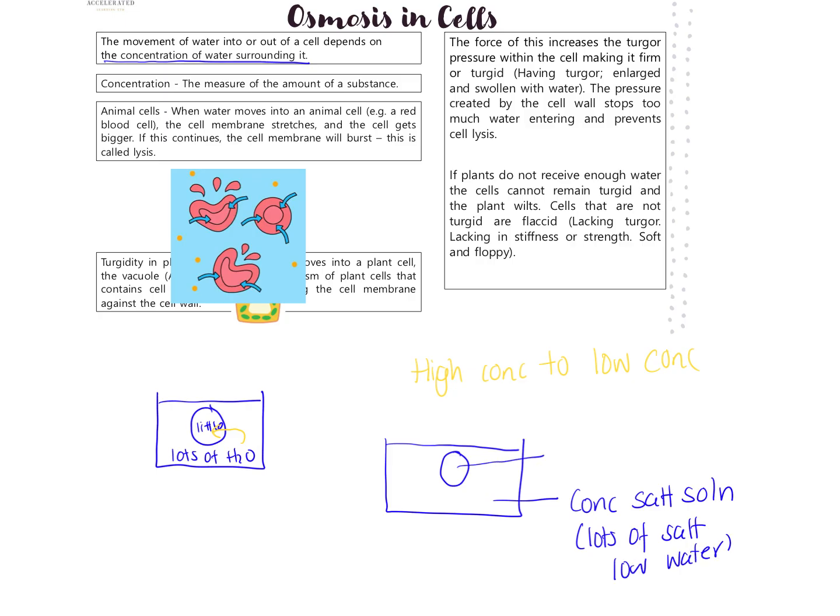And then in here, in my cell, I have a dilute solution. What that means is I have lots of water and little salt, okay? Now, which direction will it go this time, Jack? The opposite. Absolutely. Perfect. Brilliant. And once you get your head around thinking, right, well, where's all my water? It's always going to go from where I have loads of water to where I have a little bit of water.